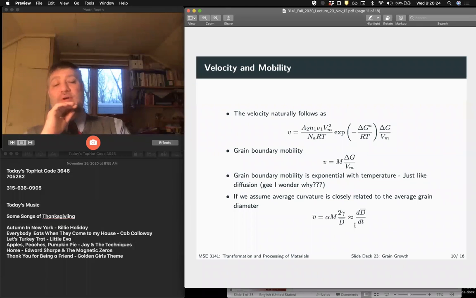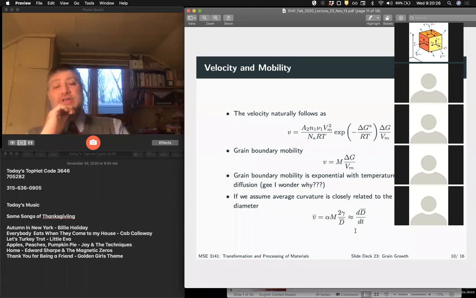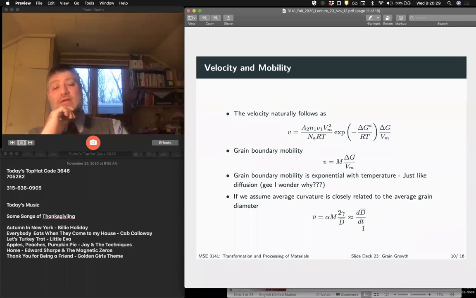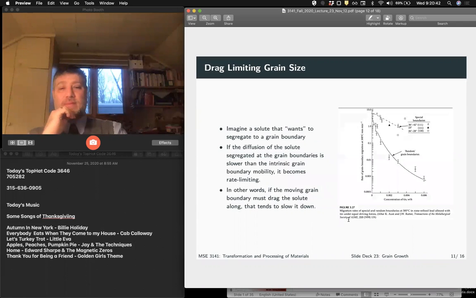And we can come up with an expression for our rate of change of our average grain size with respect to time, right? It's fairly qualitative, but it gets the right sort of general picture.